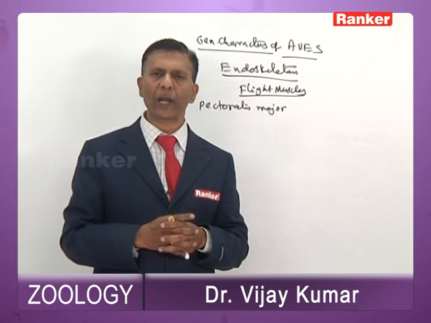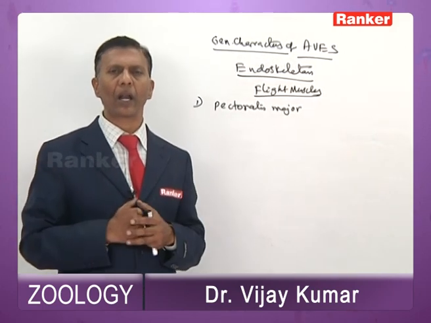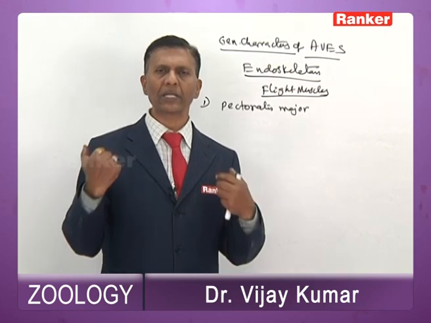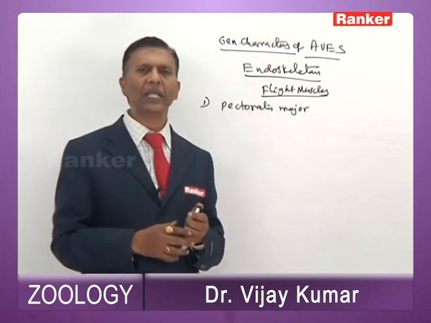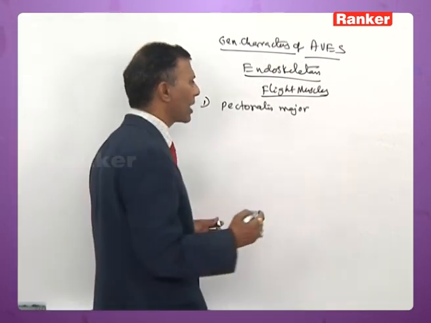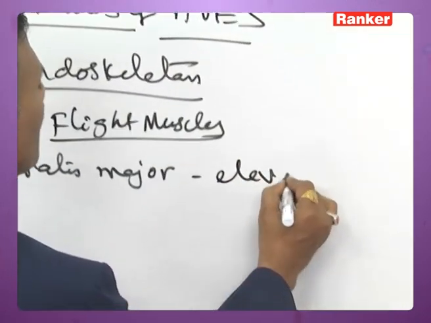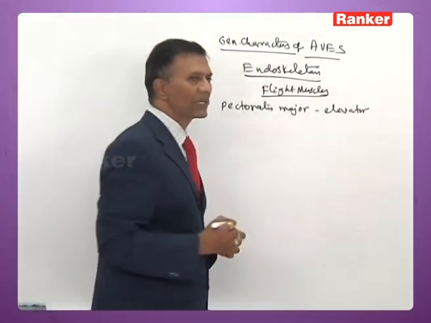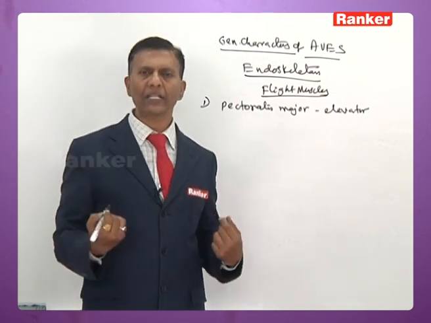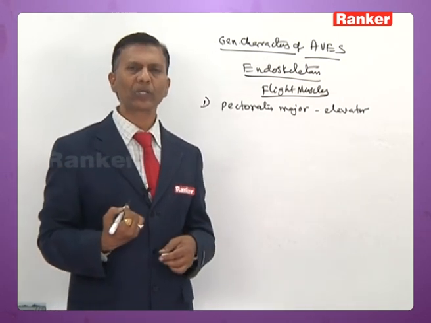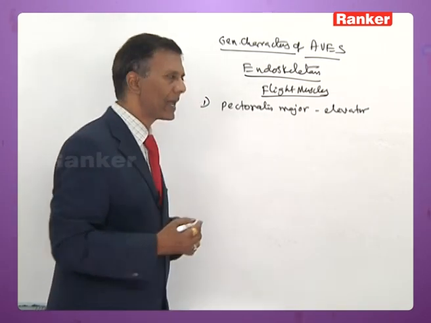When the pectoralis major contracts, the wings are pulled downwards and the body is pushed upwards, hence they are called elevators.